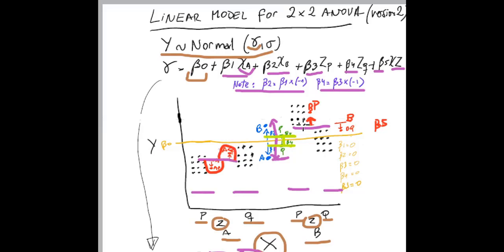Those arrows are the same length, and basically it means that in the two groups A and B, the effect of P and effect of Q are different. So in the case of A, from the mean of A, for the P group there is a decrease, and for the Q group there is an increase. The opposite is true in the B groups.